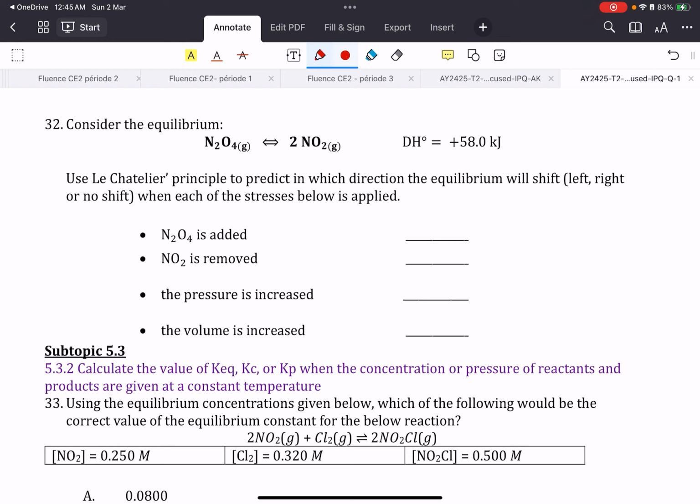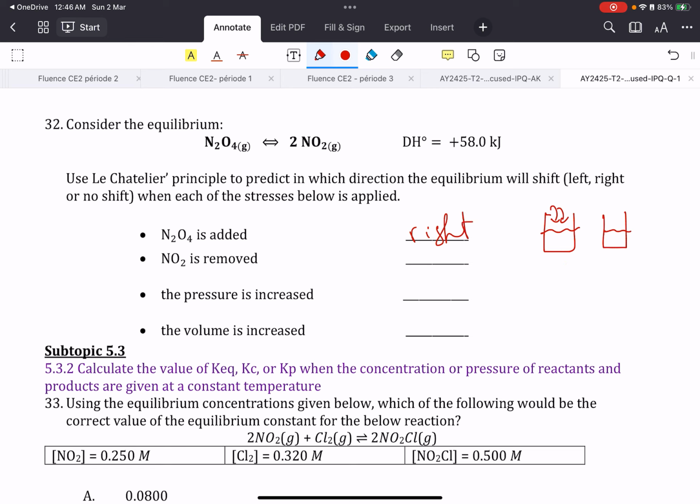Again here, this question can come with brown and colorless, by the way. Because NO2 is brown and N2O4 is colorless. Anyway, if N2O4 is added, equilibrium will go toward the right.